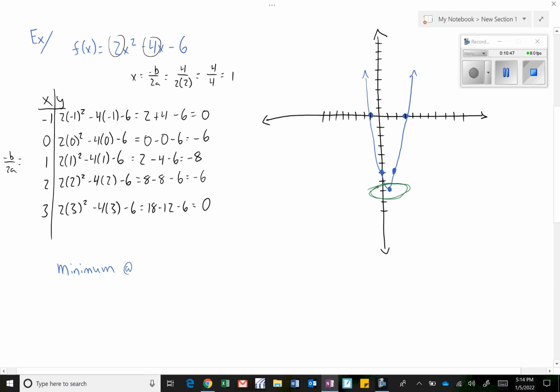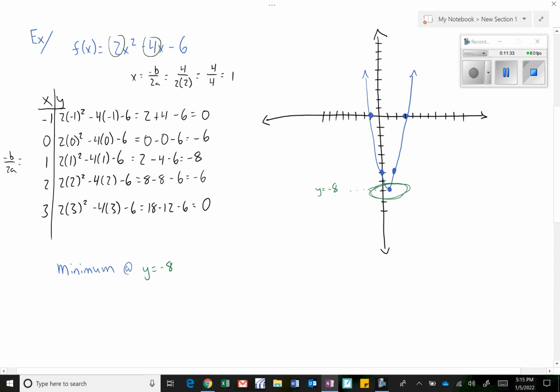The vertex is like the point of the parabola or whatever the shape is. So in this particular case, our vertex right here at the very bottom is a minimum of the graph, meaning the graph never goes below this point. So we have a minimum at this value, and this is the value of y equals, what is that? -8, right? 1, 2, 3, 4, 5, 6, 7, 8, right? So at y equals -8, we actually have a minimum. So I can say that we have a minimum at y equals -8.